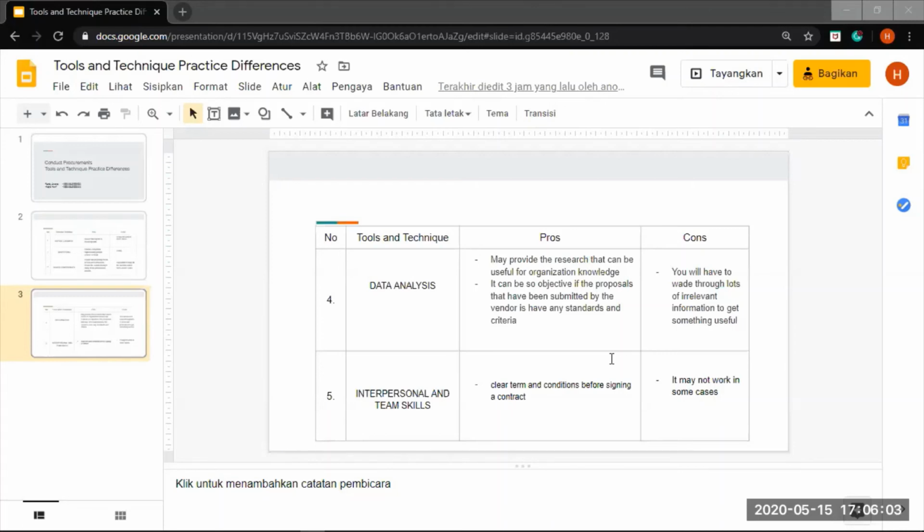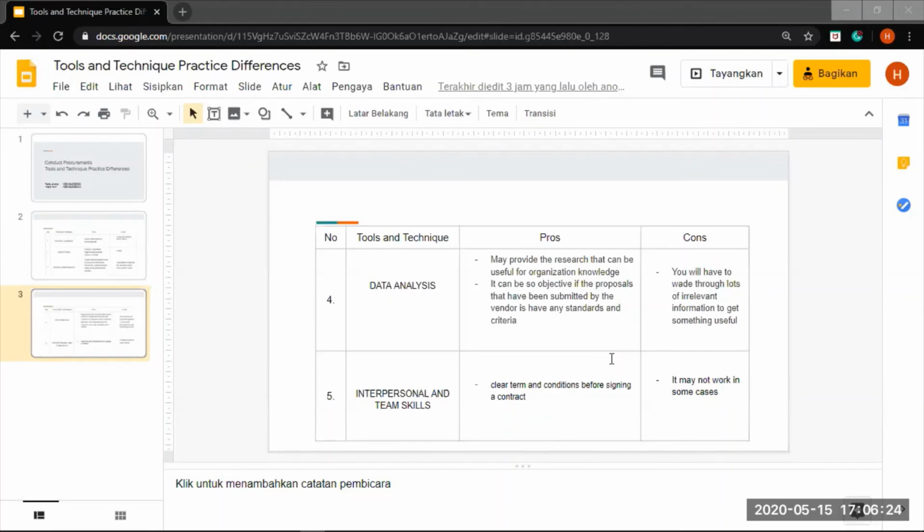The last tool and technique is interpersonal and team skills. Interpersonal and team skills that can be used for this process include negotiation. Negotiation is a discussion aimed at reaching an agreement.